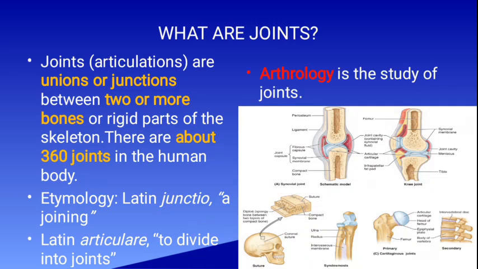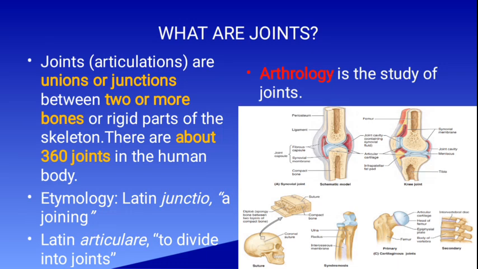So starting with the definition of joints, a joint is actually the union of two or more bones. So joints are unions of, or junctions between, two or more bones, and there are about 360 joints in the human body. And the study of joints is called arthrology. Arthro is a Greek word that means joints. Then logy, that's study.